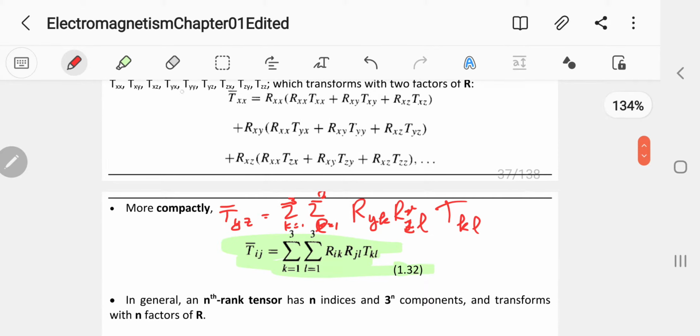So for a second rank tensor, you will have 9 components. But here you have to add so many terms. In this case, you have 27 terms to add for this one.